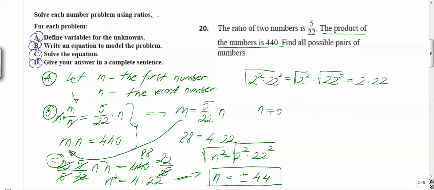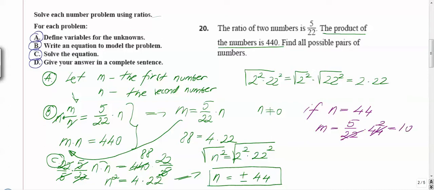And now your possibilities for m will be, first, if n equals 44, m will be 5/22 times 44, which is what? Well, 22 goes in 44 2 times, that will be 10.